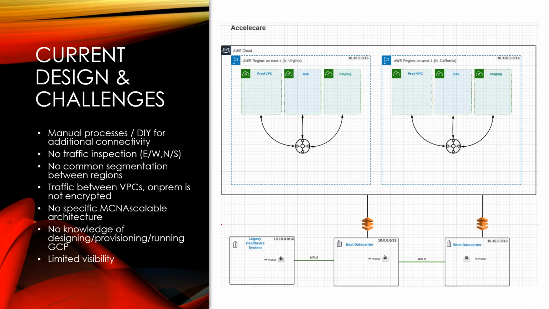There's nothing that's really preventing, other than the security groups there, which are subject to a lot of, I guess, human error, for lack of a better term, in configuration. So there's a lot of manual processes in this network that kind of get it functioning, and there's really limited visibility as the traffic flows in and out of that TGW and from VPC to VPC.